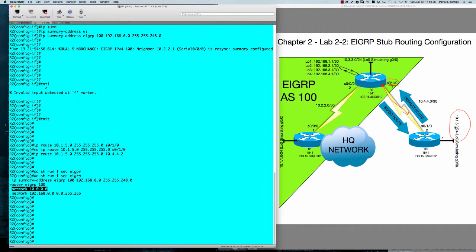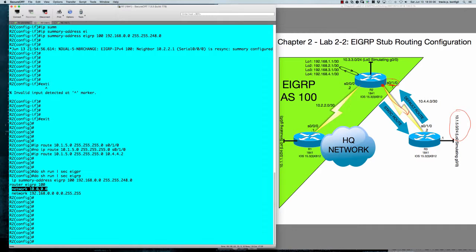So again, I'm creating the static route, saying my route to get to 10.1.5.0. If the destination network that you have defined in your static route falls within the address range of your network statement and you are using the outbound interface to tell your router how to get to that destination network, EIGRP is going to auto-magically do what it always does.